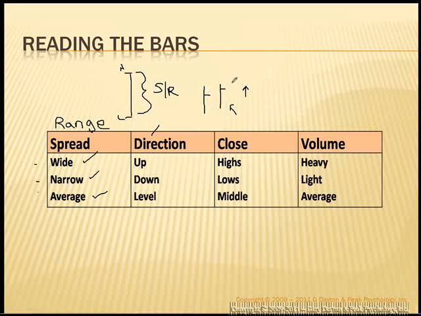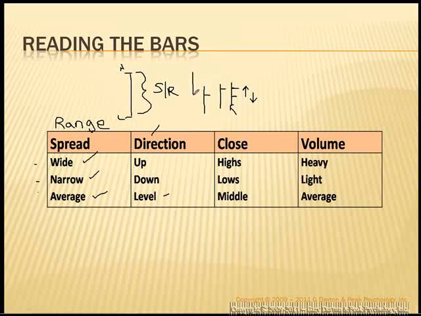If the close was down here, then we would say it's a down bar. Or if it closes about the same, within a tick or two, we would call it a level bar. So direction is determined by the close in relationship to the most immediate preceding close of the preceding bar.